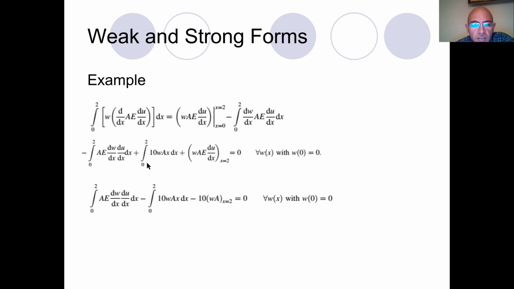That's also okay. Then from 0 to 2, 10 w A x dx. This is the body force or distributed forces, plus wAE du dx at x equal to 2, since w at x equal to 0 is 0. Okay, and this expression is equal to 0.